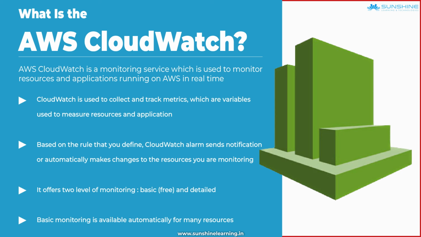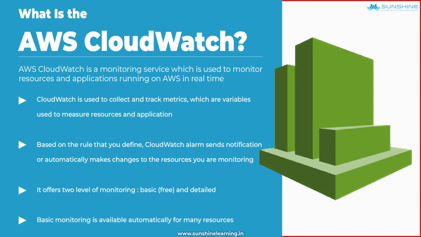It collects the data and provides you the information in the form of reports, pie charts, and numerics. You can select your widgets and dashboard accordingly. Based on the rules that you define, CloudWatch also sends alarm notifications. So let's say when you create an alarm on CloudWatch and that alarm condition occurs, a notification will be sent to your email IDs, for example.